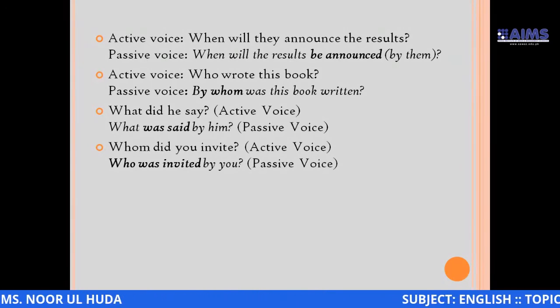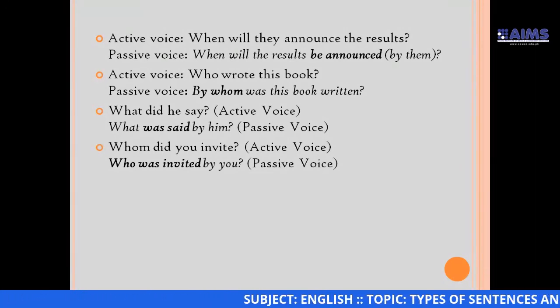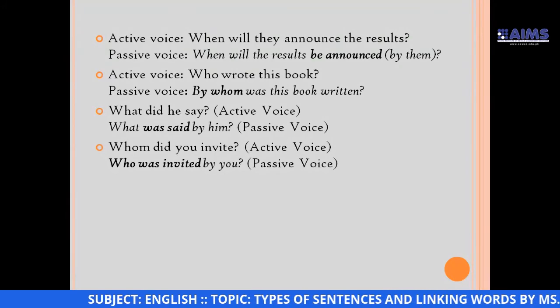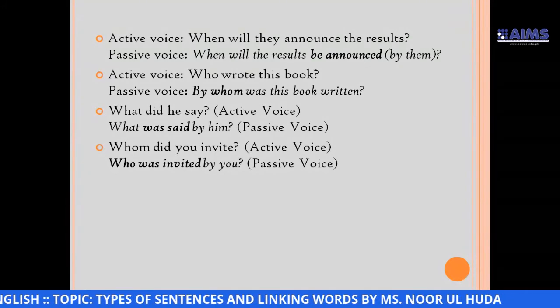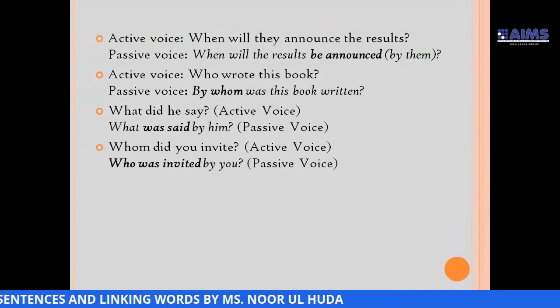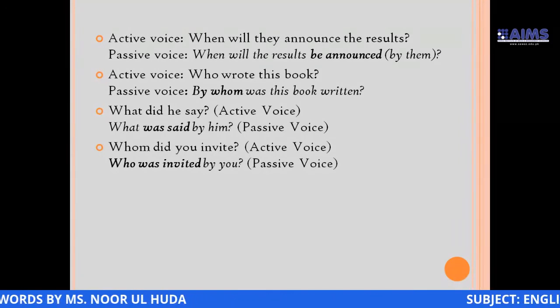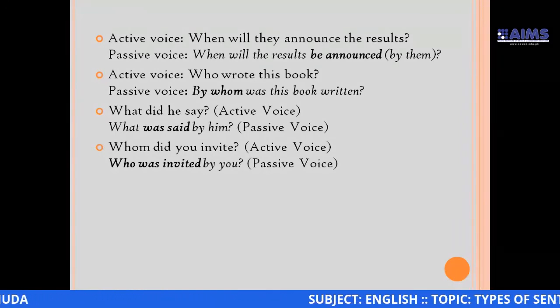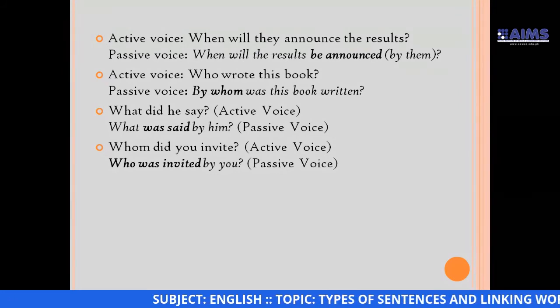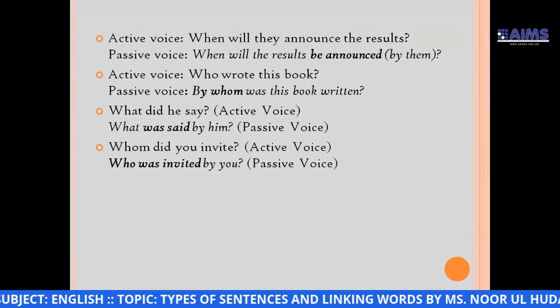It remains at the beginning: When will the result be announced? Now be is the passive form of announce. There is no necessity to use by them. It is up to the speaker or the writer whether he wants to add it or not.